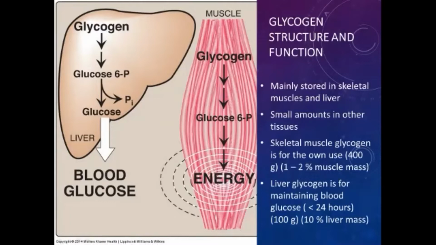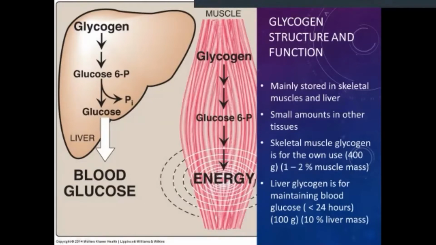The glycogen stored there is not enough to provide the required energy. As an amount, we have 400 grams of glycogen stored in the skeletal muscles, and this amount represents just 1 to 2% of the muscle mass, a small percentage but a large amount compared with the liver glycogen, which is approximately 100 grams.